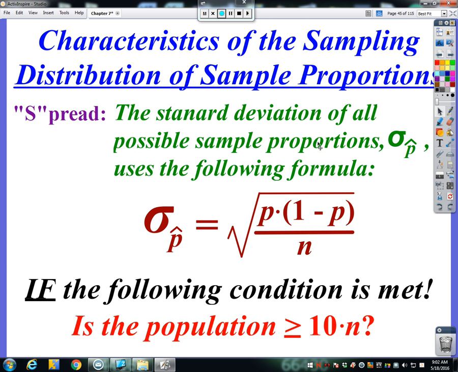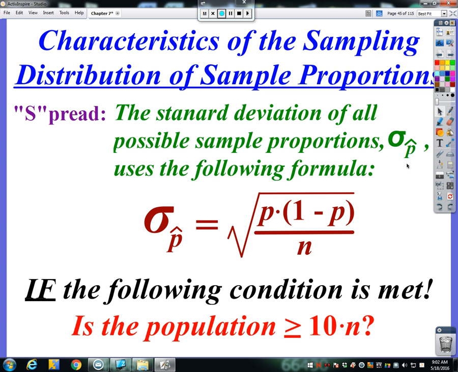And the spread, specifically the standard deviation. The standard deviation of all possible sample proportions, we're going to call this sigma sub p hat. It is the standard deviation of all of our sample proportions that we could gather from our sampling distribution.